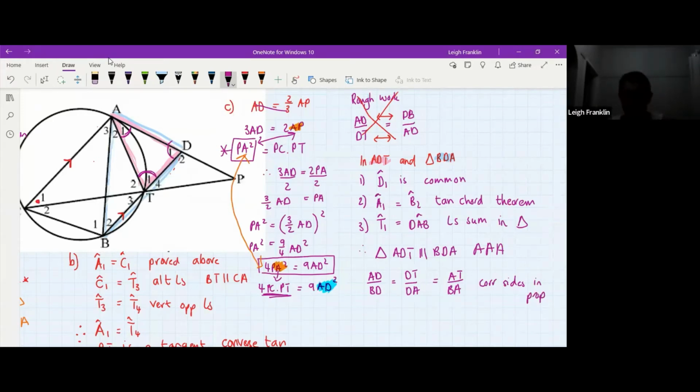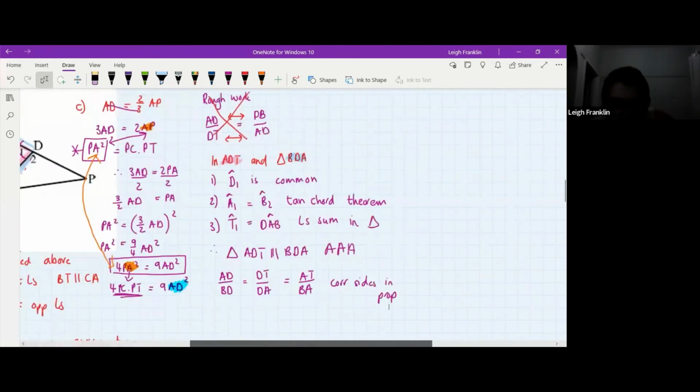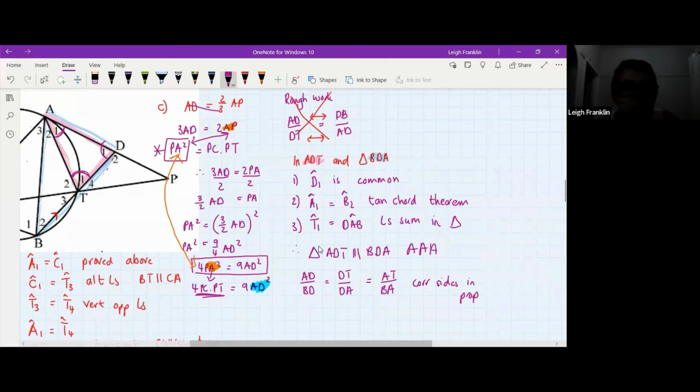So now, remember guys, we wanted DT, let's just go back to our question again. Sorry, if we were working on a board in a classroom, it would be a little bit easier to go backwards and forwards. We wanted DT and DB. There's DT, there's DB, all right?